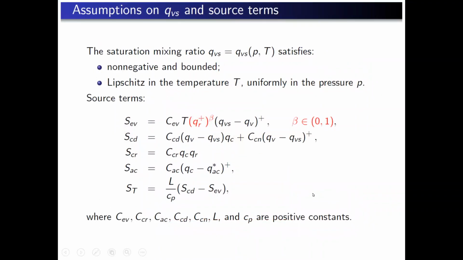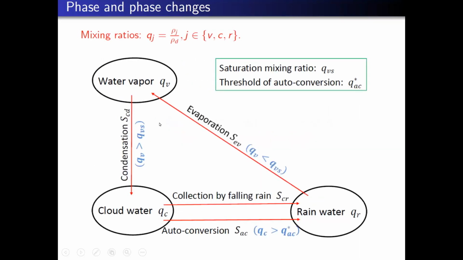Without getting into much detail, as I said, these are the sources for the different phases. When I say q_vs minus q_v, notice that when I am above a certain value, that's what happens; when I am below a certain value, that's what happens. This is modeled by the plus function.